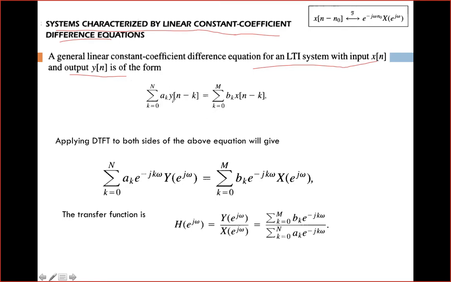When you are taking discrete time Fourier transform of this equation, this is actually a summation, so you have to substitute different values for this k. This expression will expand.